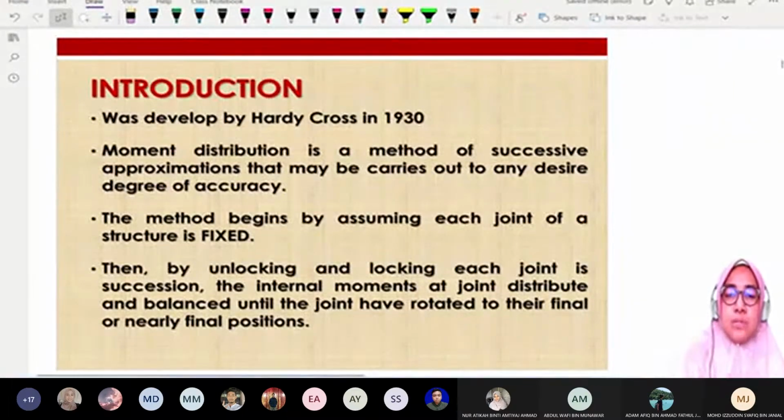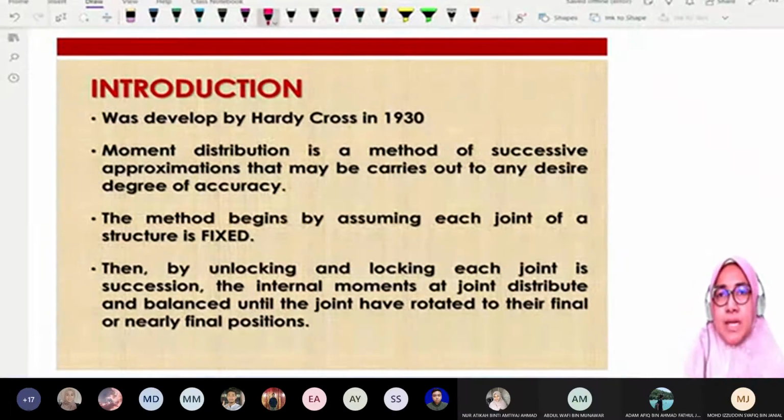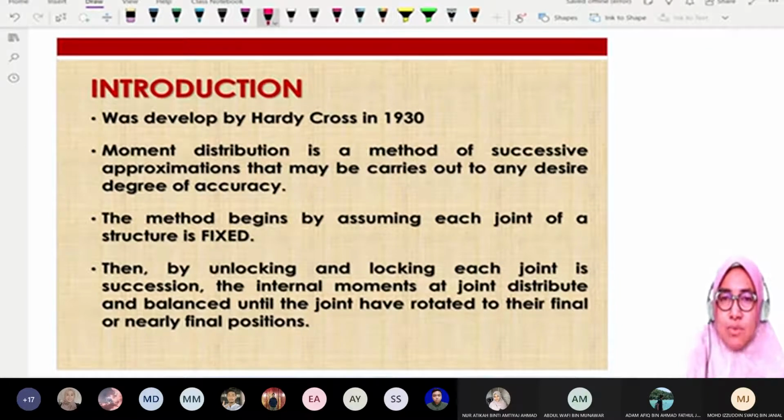The process that we will do later is we will distribute moment by using the distribution process. We do it in a table actually to answer the beam. Beam or frame, but beam is the easiest using MDM.